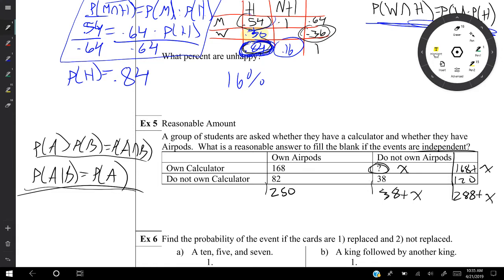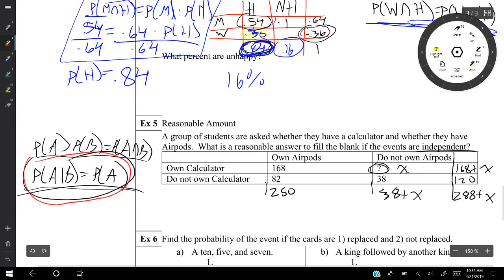Okay. So we want one of those things to be true. Which one should we do? I like this one. Why? Because it doesn't involve any multiplication.